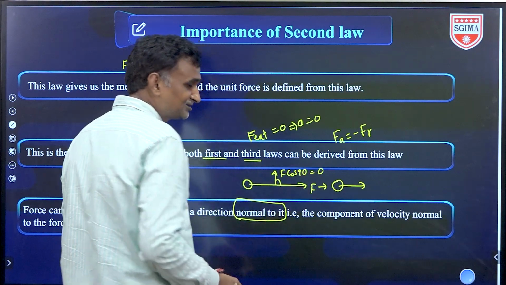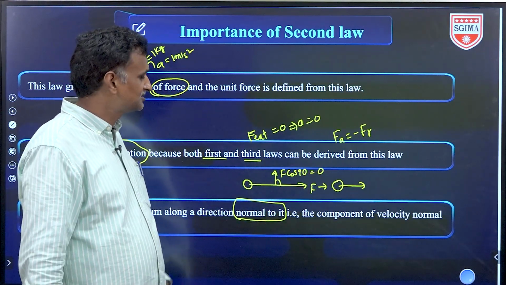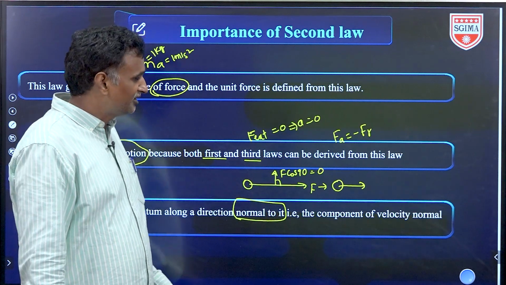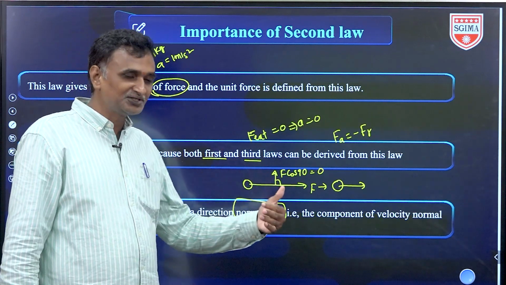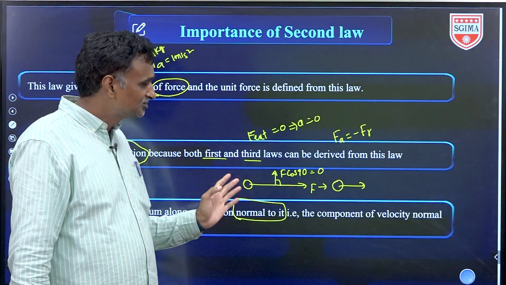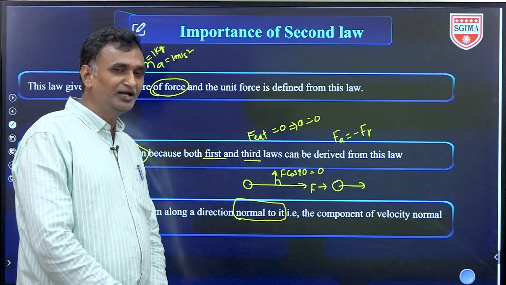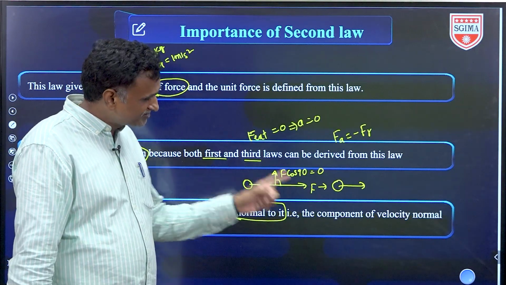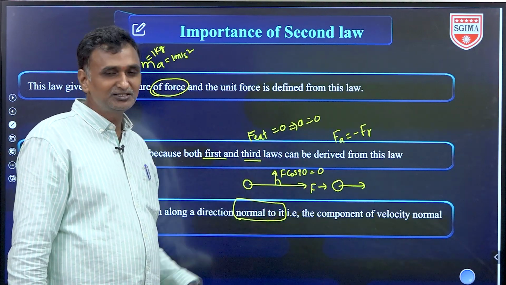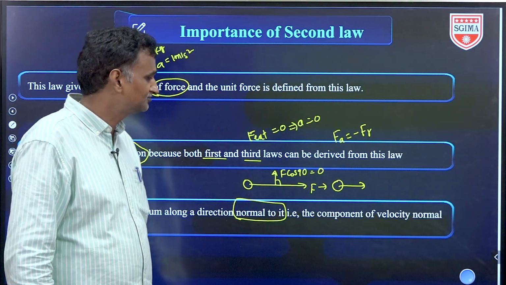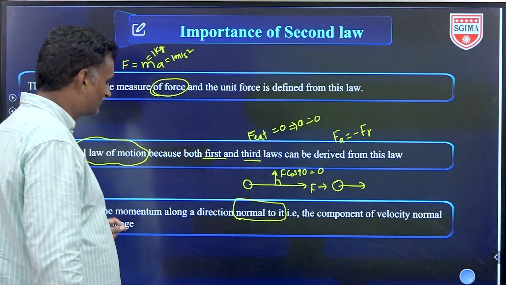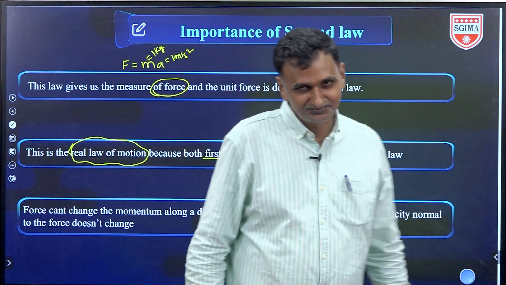That explains the 0, which means in the perpendicular direction there is no force acting. When there is a force acting in a particular direction, there is a change in velocity, and with some mass, definitely a change in momentum. But in this situation, in the perpendicular direction there is no change in the momentum, that is, the component of velocity normal to the force does not change.